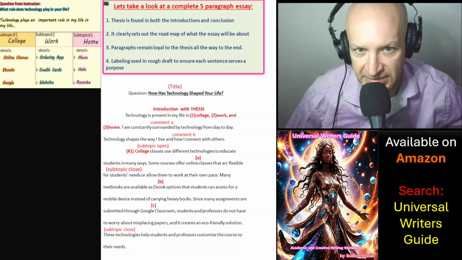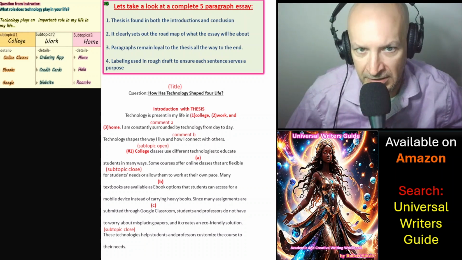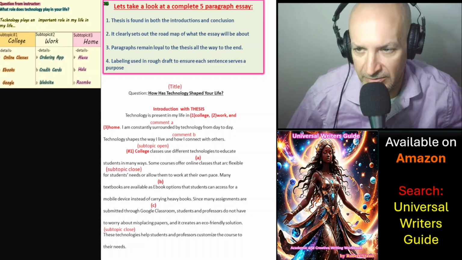All right, so at the top there, number 1, thesis is found in both the introduction and conclusion, and it really should be the exact same thesis, maybe the wording a little different to introduce it or whatever, but the important thing is that, as in the example, the technology is present in my life: 1, college; 2, work; and 3, at home.